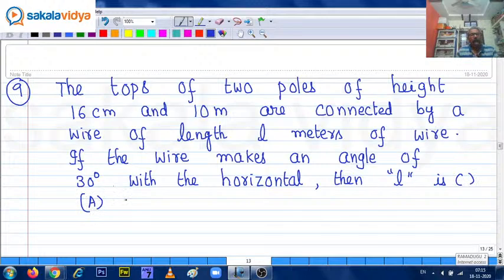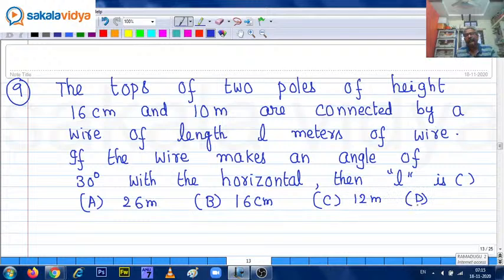A 26 meters, B 16 meters, C is 12 meters, D 10 meters.